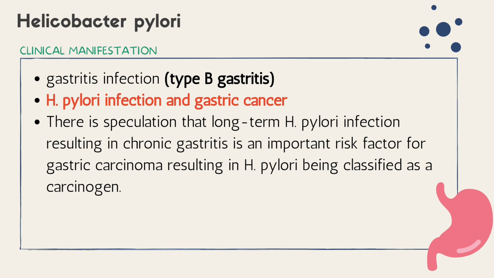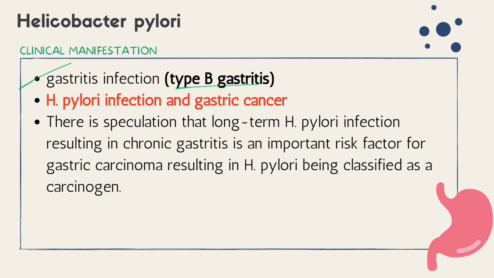Now let's talk about the clinical manifestation of Helicobacter pylori. This is the common cause of gastritis infection, specifically type B gastritis. This bacterial infection causes inflammation of the stomach lining, leading to chronic gastritis. Gastritis caused by this infection is lifelong and often one of the most serious forms of chronic gastritis because it leads to further complications such as peptic ulcer.